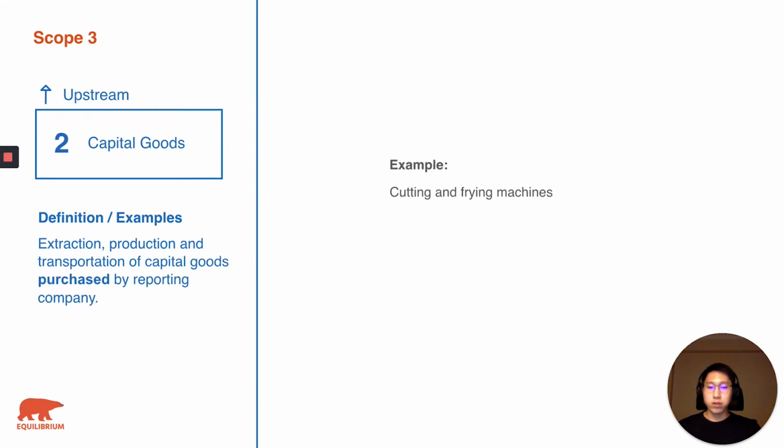Category 2 accounts for the emissions associated with capital goods acquired by the reporting company and is defined as the extraction, production, and transportation of capital goods purchased by the reporting company. An example of this would be all the emissions associated with producing the cutting and frying machines.